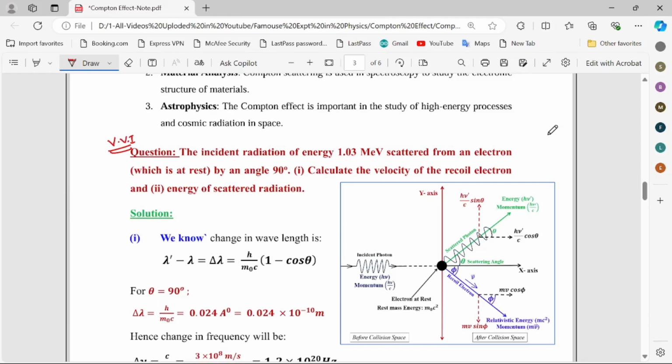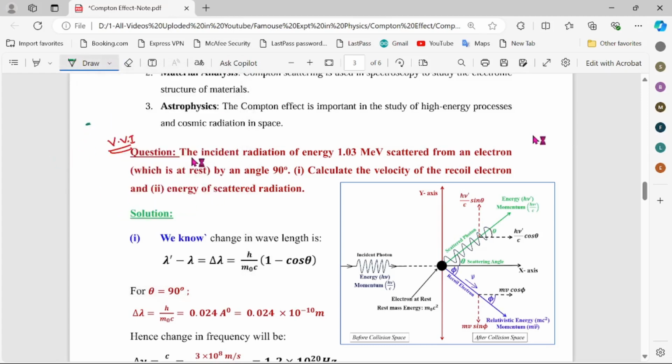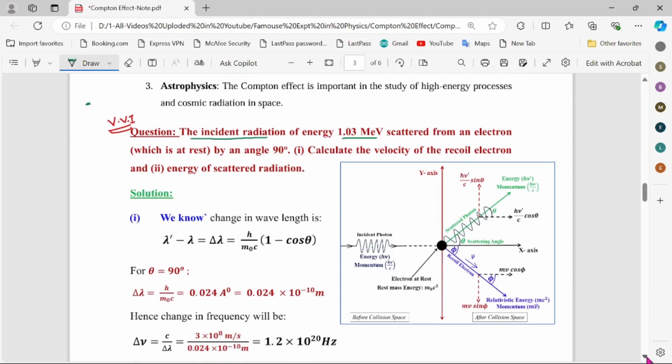The question given is: the incident radiation energy, 1.03 mega electron volt, is scattered from an electron at rest by an angle of 90 degrees. Calculate the velocity of the recoil electron and then find the energy of the scattered radiation. So here we are going to solve two questions.